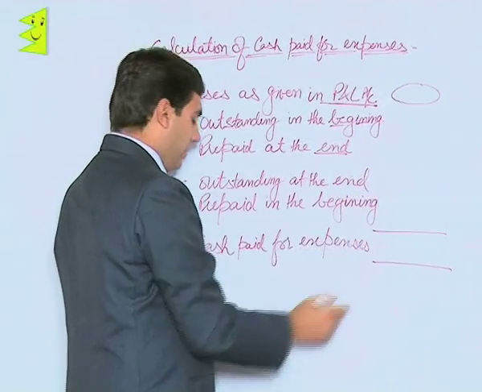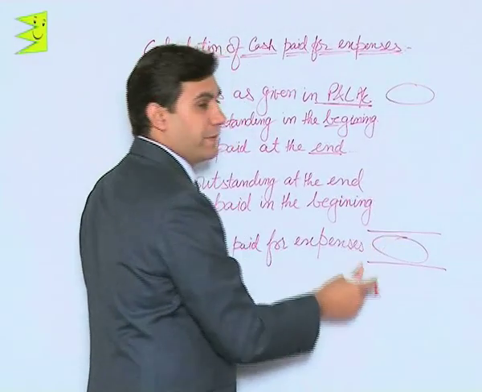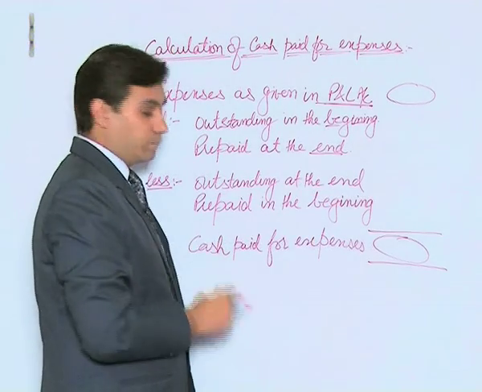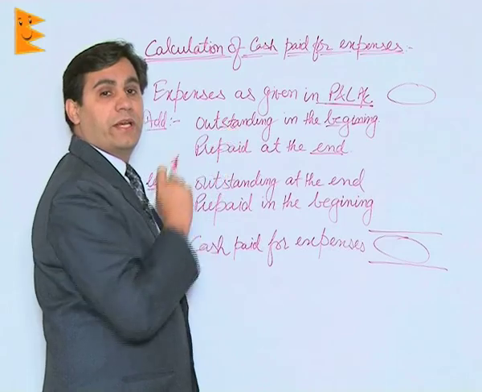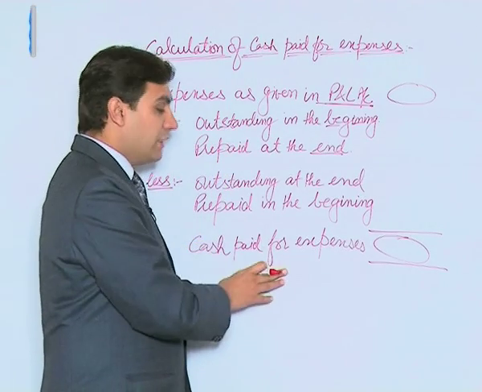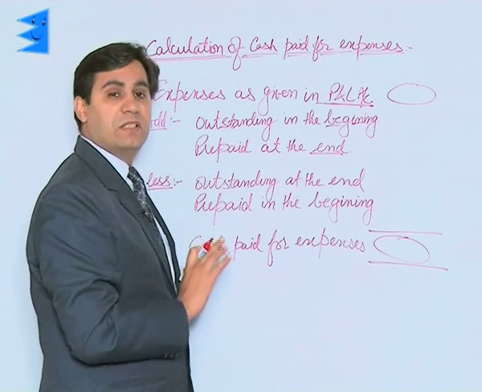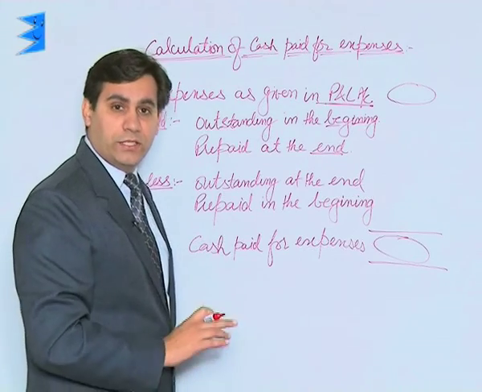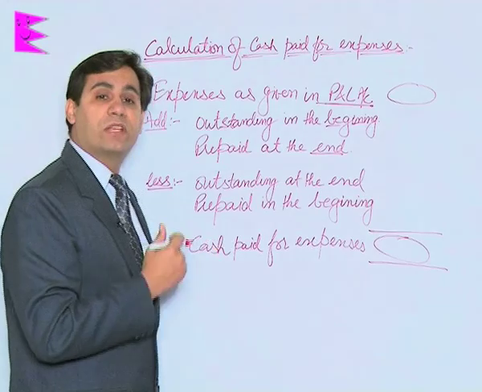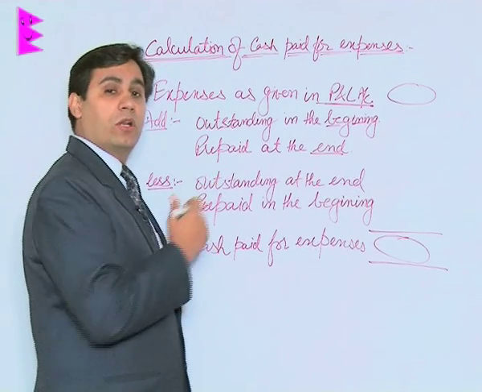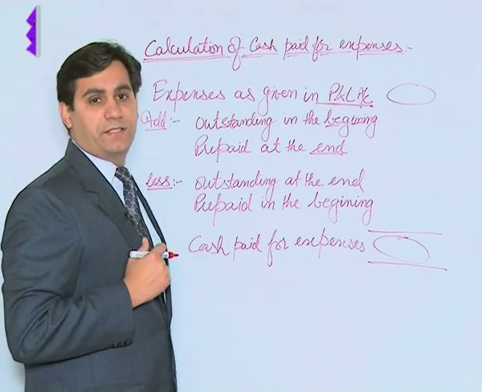Once these adjustments have been made, we will get cash paid for expenses during the year. This would represent the payment made on account of expenses.